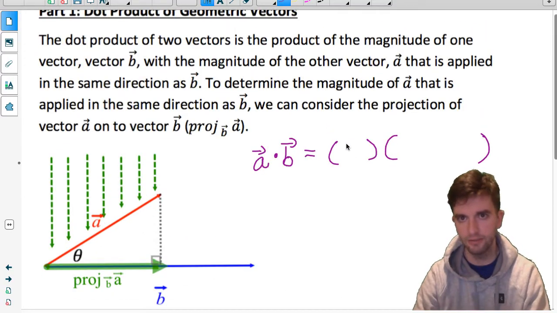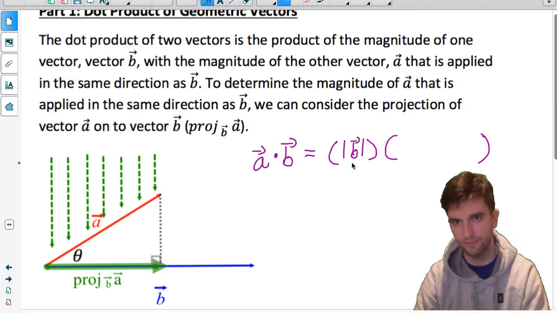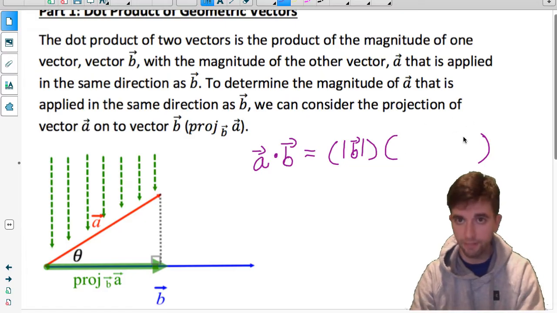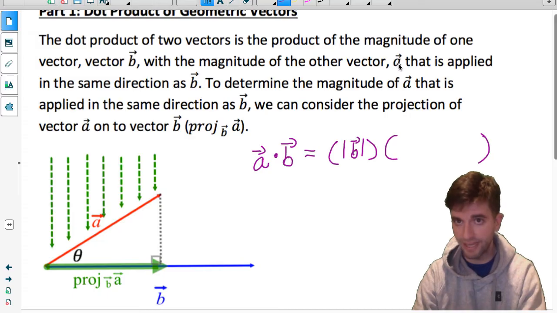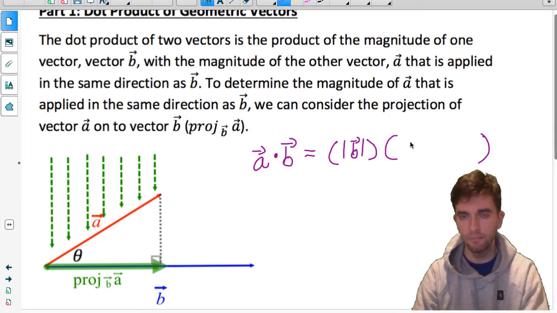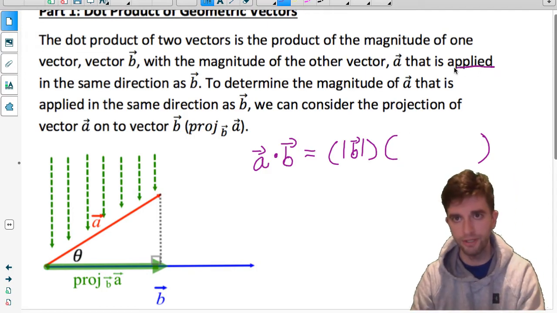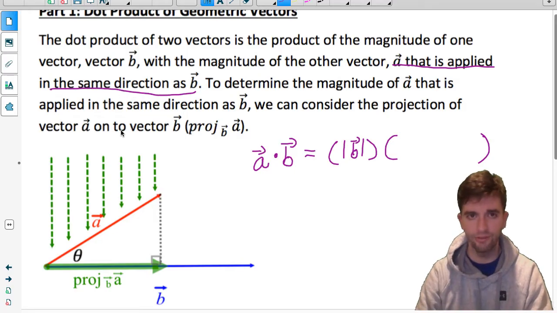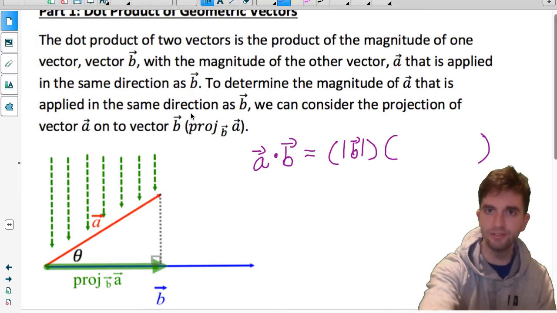I'll choose vector B. So the magnitude of vector B, that's the first part of my product, multiplied by, now the second part's the complicated part, the magnitude of the other vector, vector A, that is applied in the same direction as vector B. So I need to multiply the magnitude of B by the magnitude of A that is going in the same direction as B. This part here, the magnitude of A that is applied in the same direction as B, is what makes dot product a little bit complex, but it gives it some great applications.